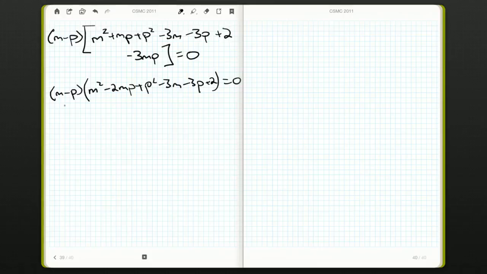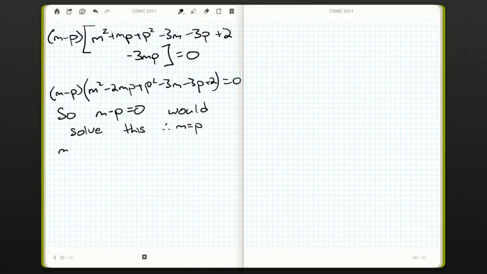Or we could stop and say, hey, m minus p equals 0 would definitely solve this. So we could try m equals p for some solutions.